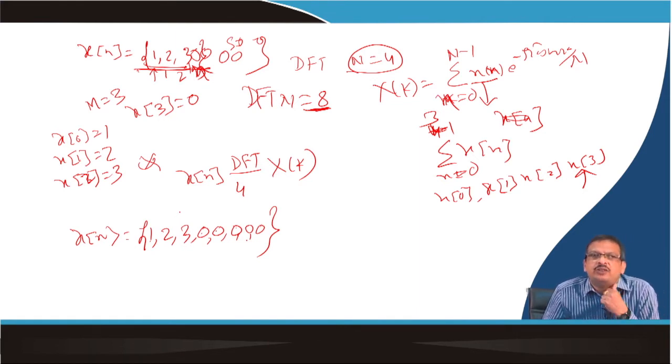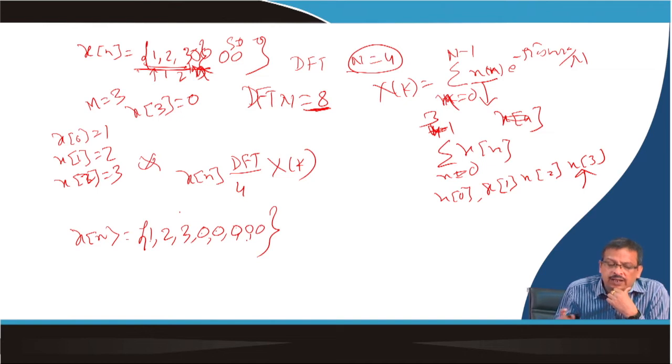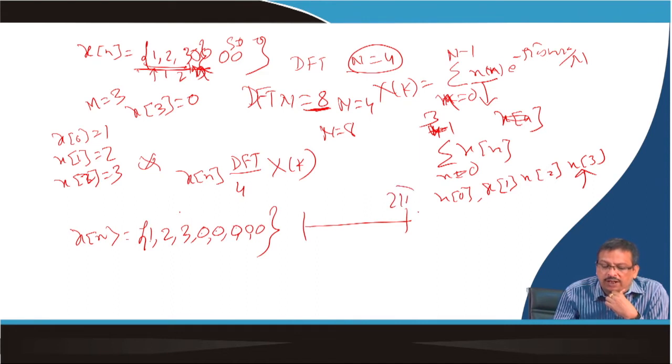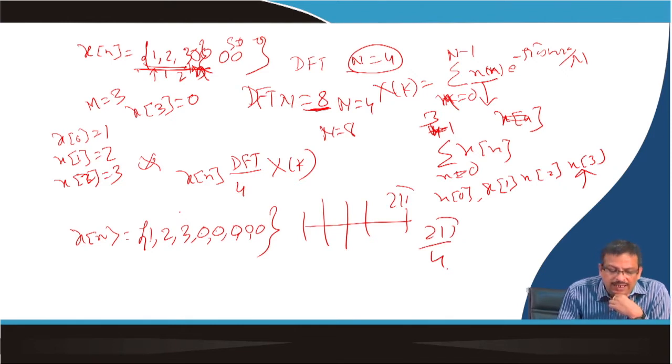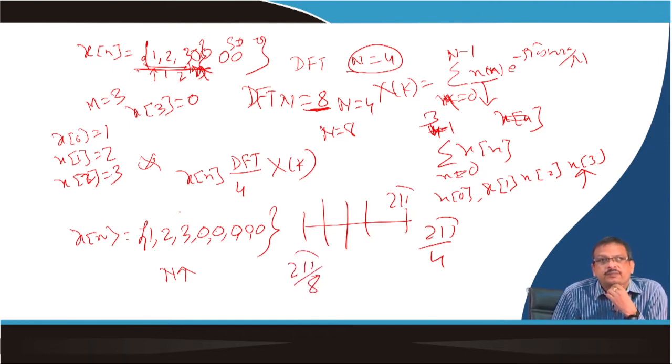So if I add 0, does it change anything? Why do I add 0? What do you mean when I say N equal to 8, or what is the difference from N equal to 4? N equal to 4 means I am dividing the 2 pi frequency range into 4 parts, so the resolution is 2 pi by 4. But when I increase N to 8, the resolution is 2 pi by 8.